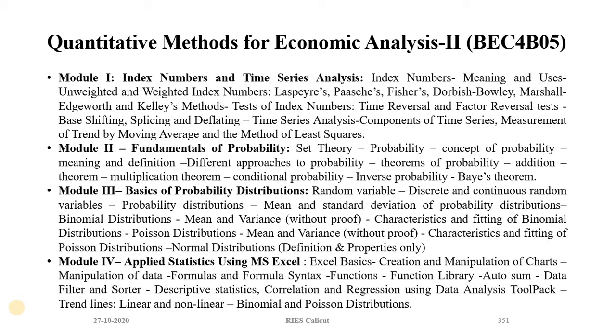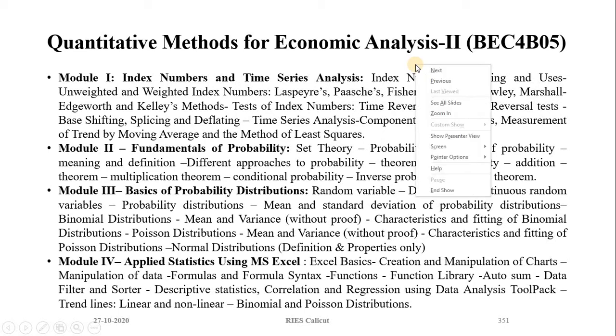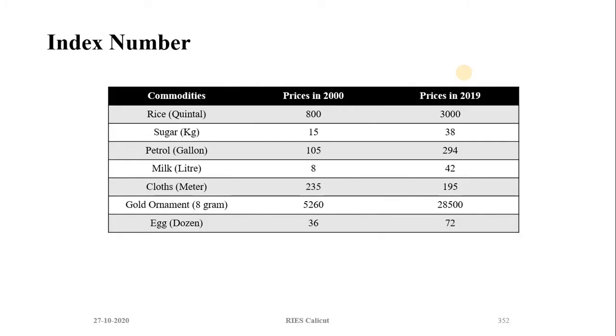In the first module, it's all about index numbers. So what is an index number? I will demonstrate what an index number is using a real example, or with the help of an example, I will show you why we need an index number and what it is. Look at this table.